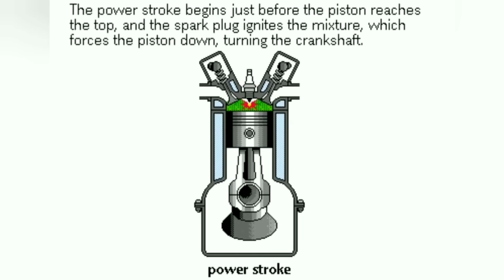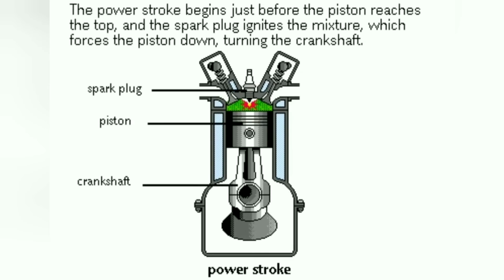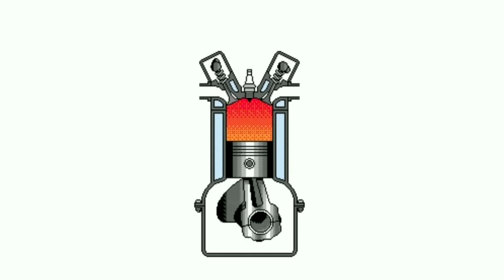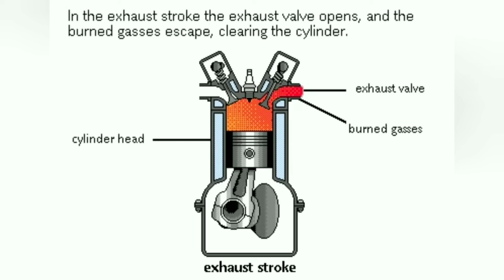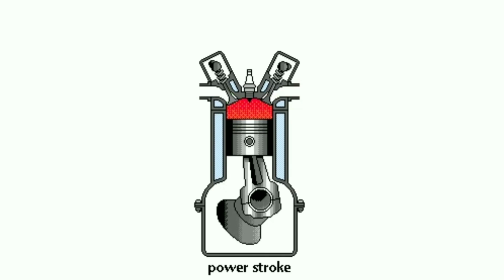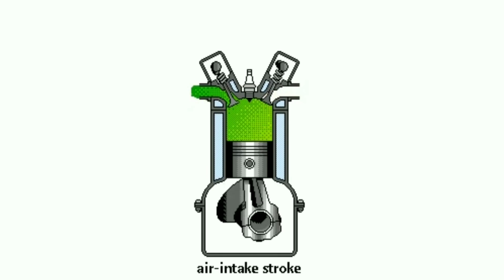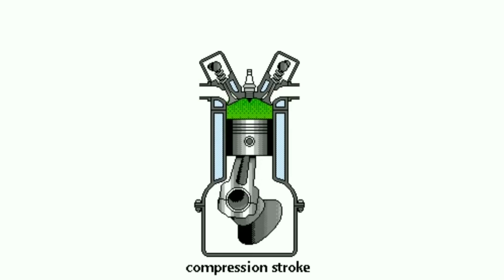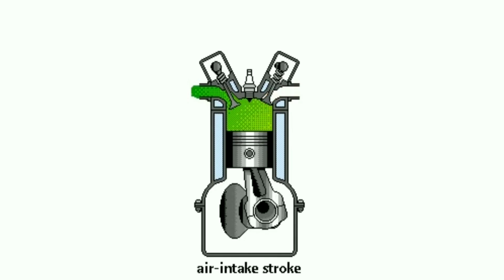The power stroke begins just before the piston reaches the top, when the spark plug ignites this mixture. The resulting explosive force pushes the piston down, which turns the crankshaft. In the last stroke, the exhaust valve opens, the piston rises, pushing out the burned gases, until at the top of its stroke, the exhaust valve closes. The intake valve then opens, and the four-stroke cycle begins again.